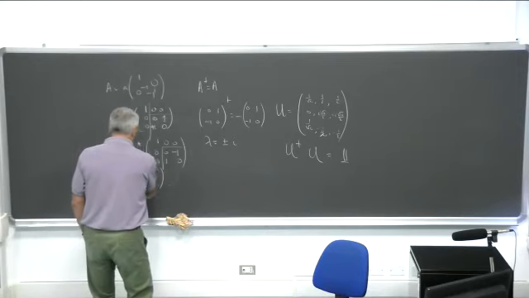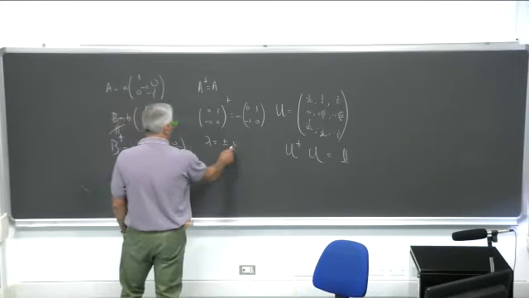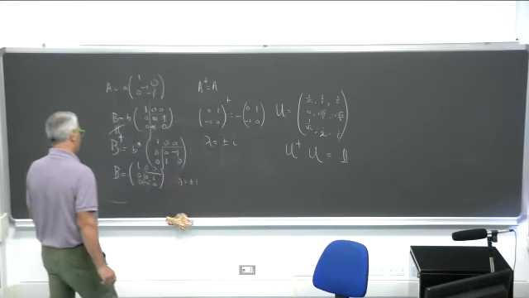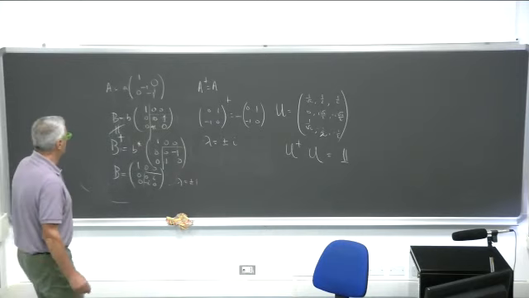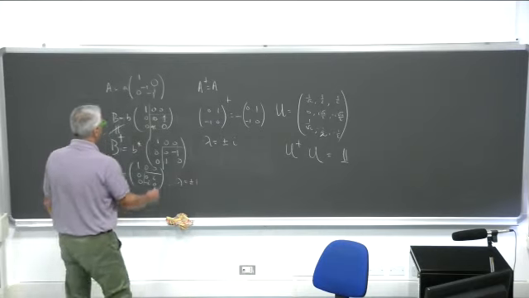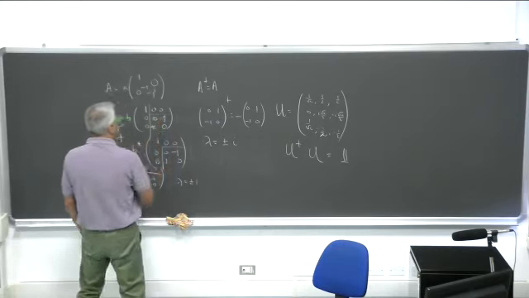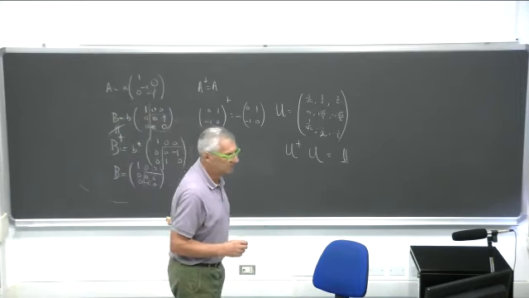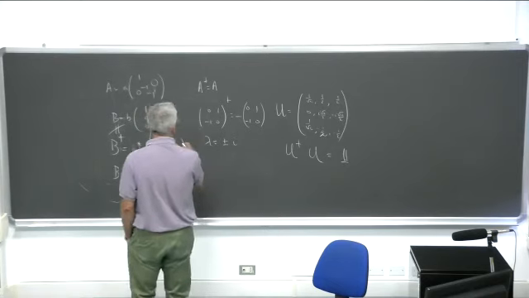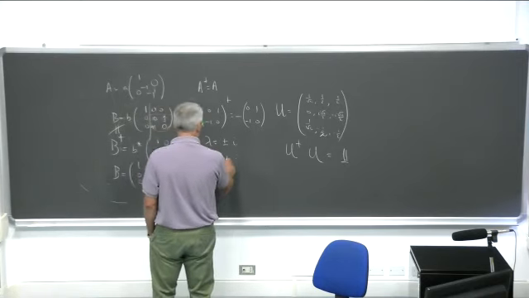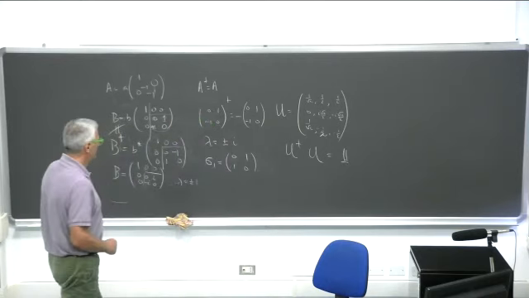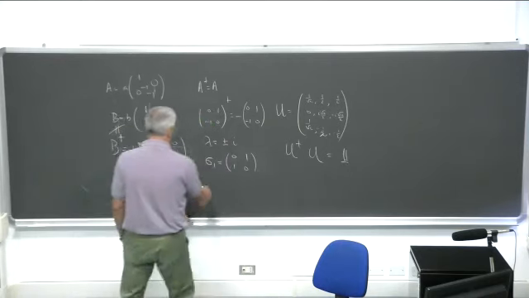And the eigenvalues of this matrix are not plus or minus i, but plus or minus 1, real. In fact, you know that this 2 by 2 matrix here is one of the Pauli matrices, what we usually call sigma 1. So let me introduce that. This is sigma 1, Hermitian, traceless.